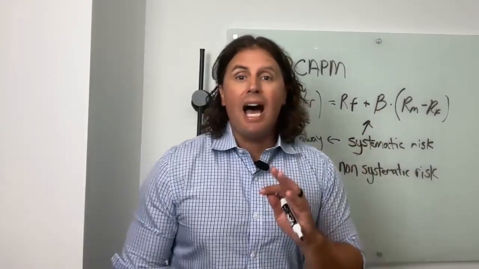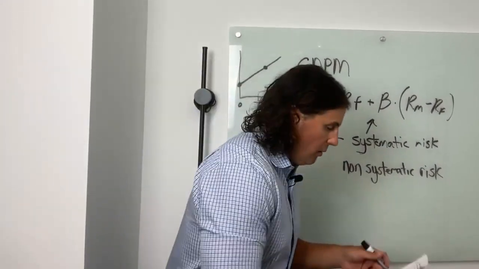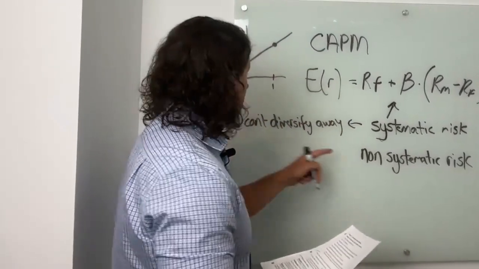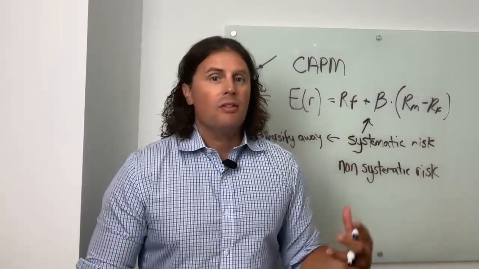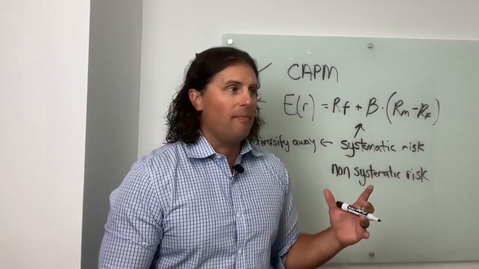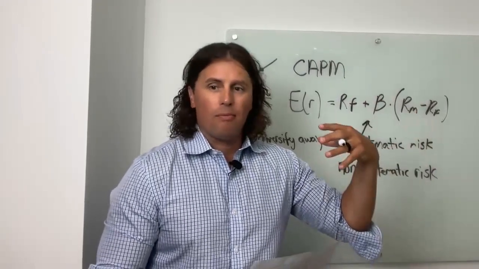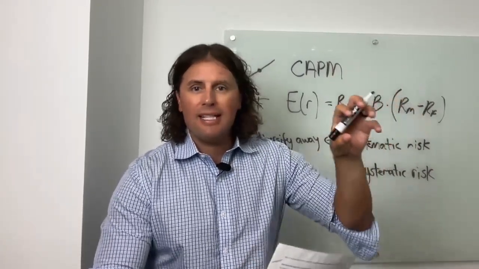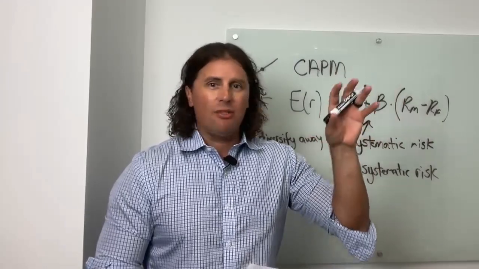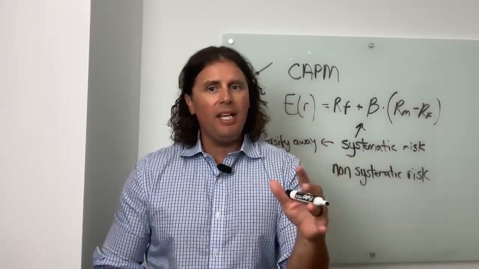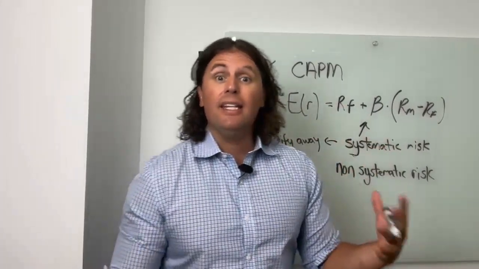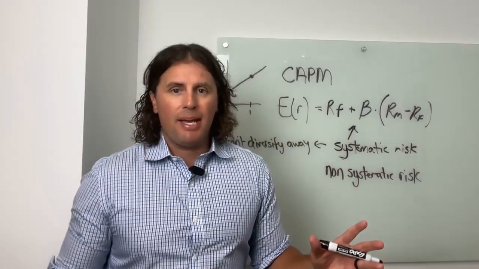Non-systematic risks are risks that affect different industries or different companies. Somebody has accounting problems, or something isolated like a bad recall of tires that is isolated to a company or, at the broadest level, an industry. That's non-systematic risk.